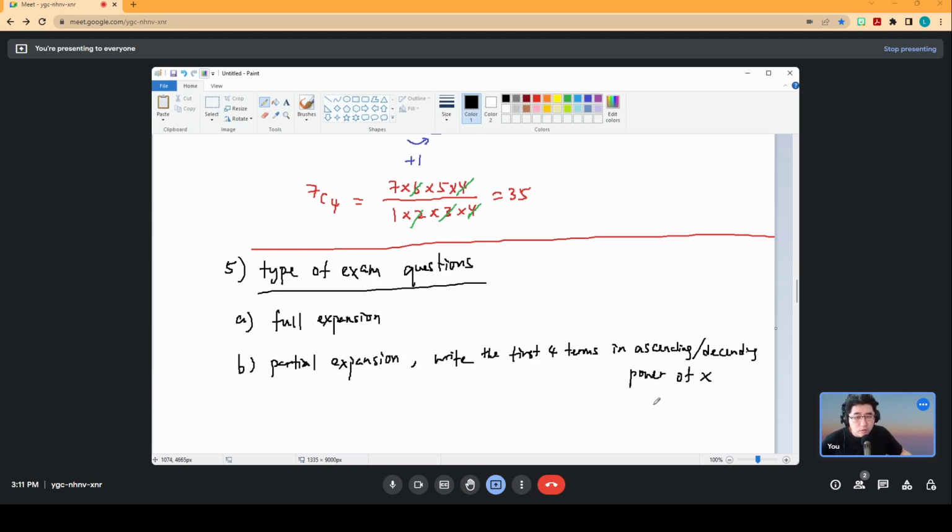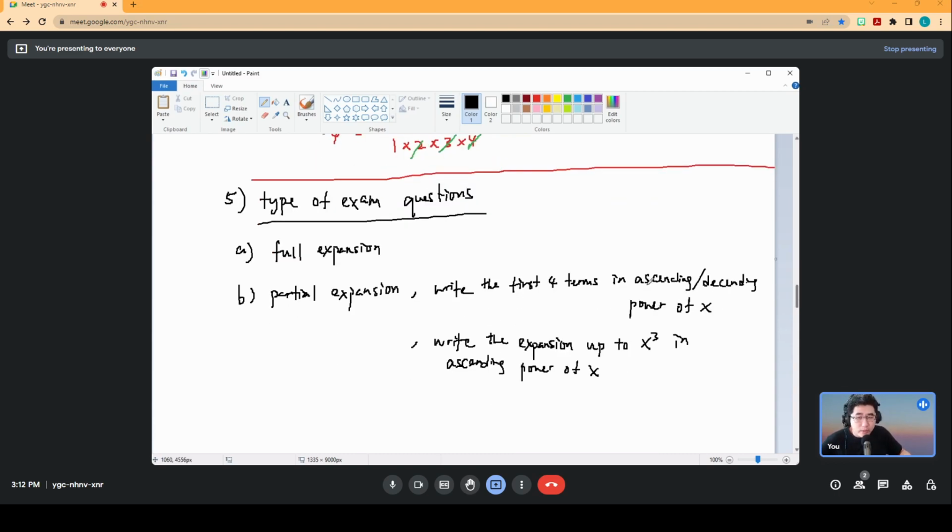Or maybe: write the expansion up to x cubed in ascending power of x. Therefore the question can ask you to write up to anything.